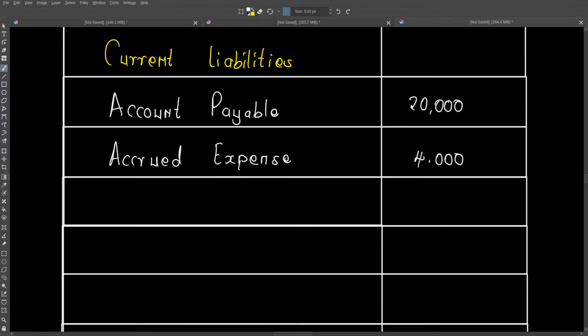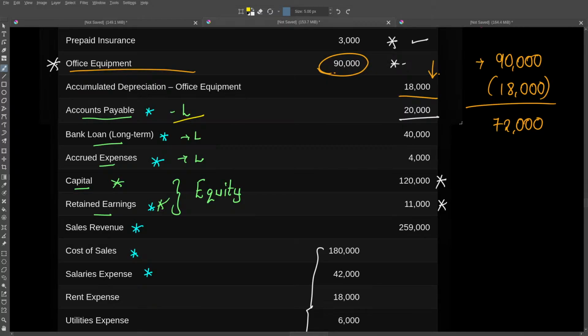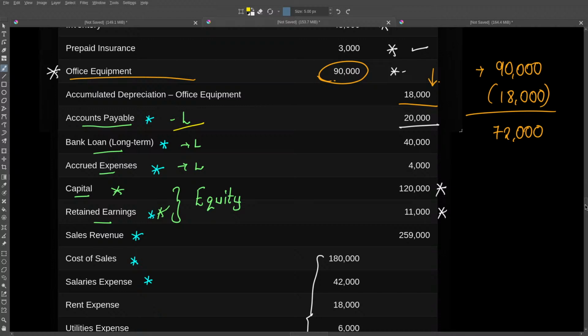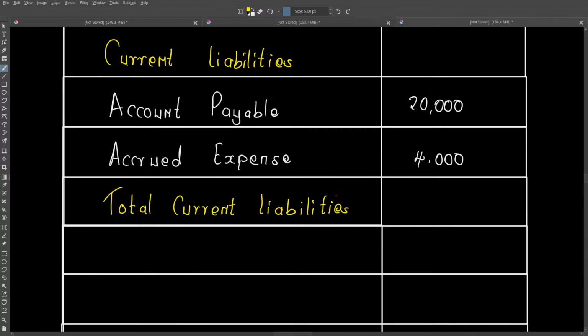Then the total current liabilities is 24,000. Prepaid insurance we already included, since it is an asset.